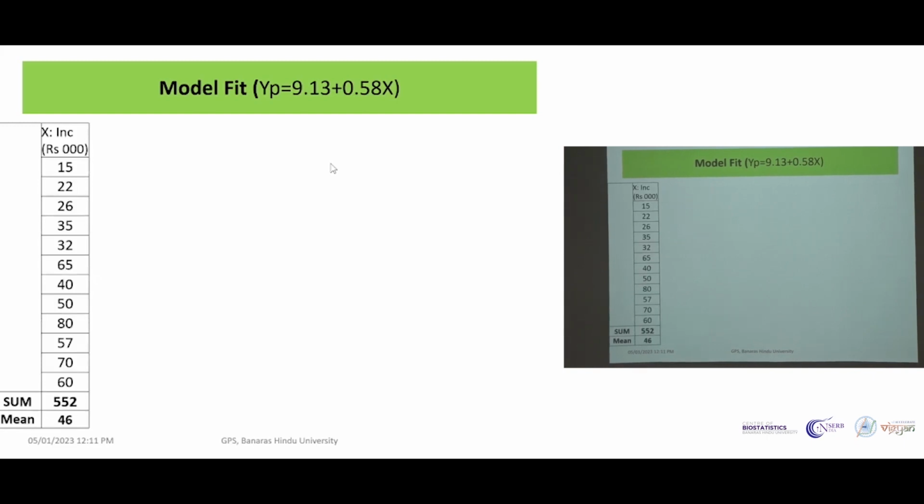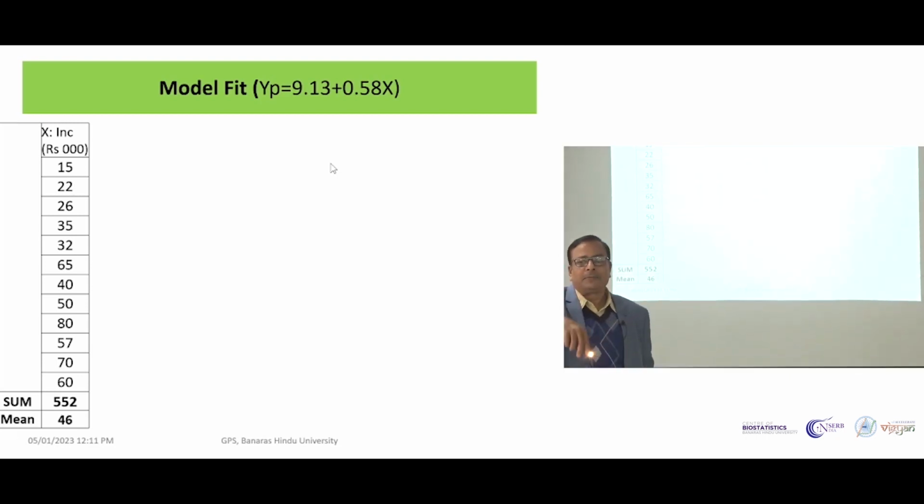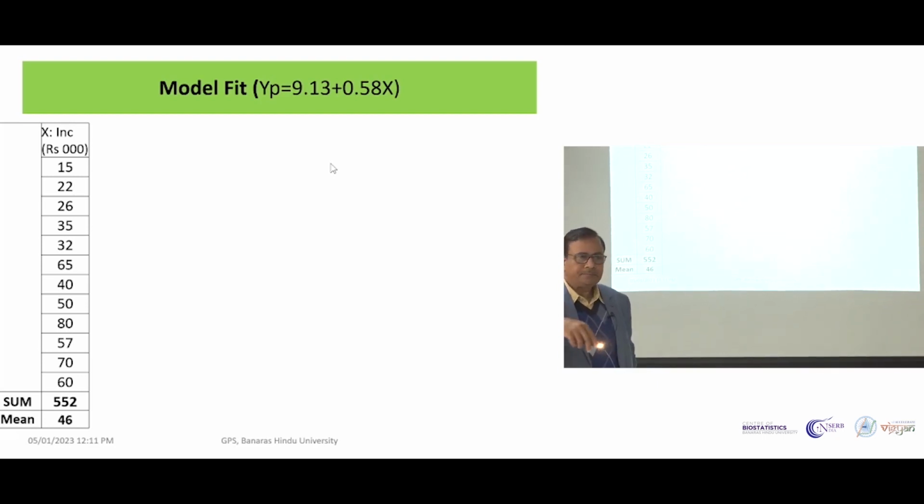So, this was my X. Now I calculate the value of Y for these X by our model. And I am already having Y value from my experiment. Like we showed you in the death example, one was from model and another was from experiment.